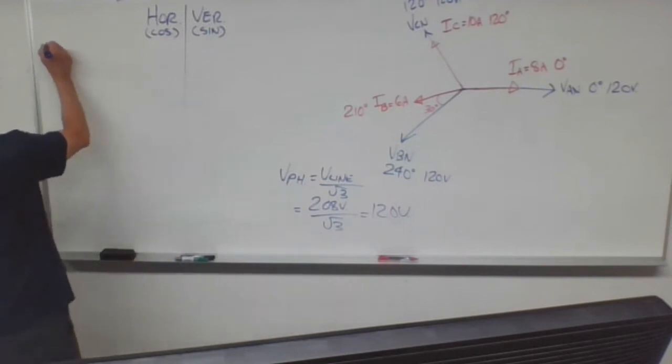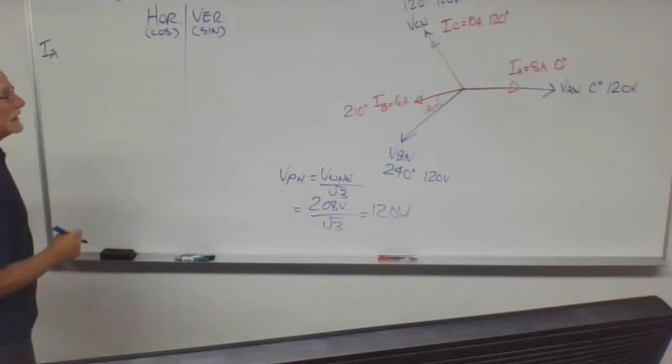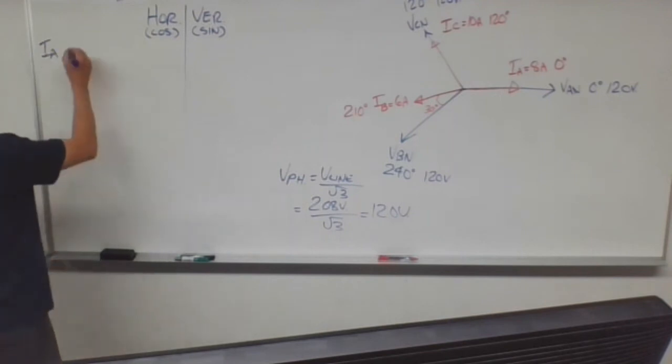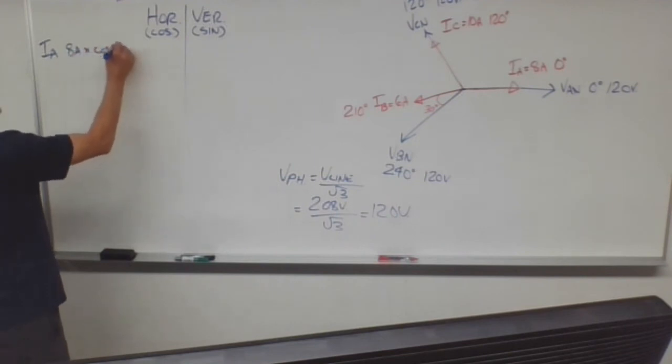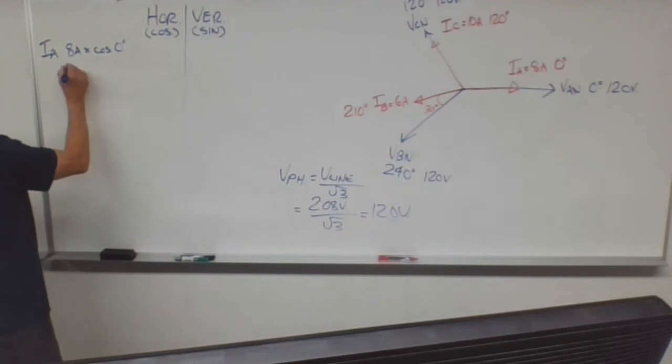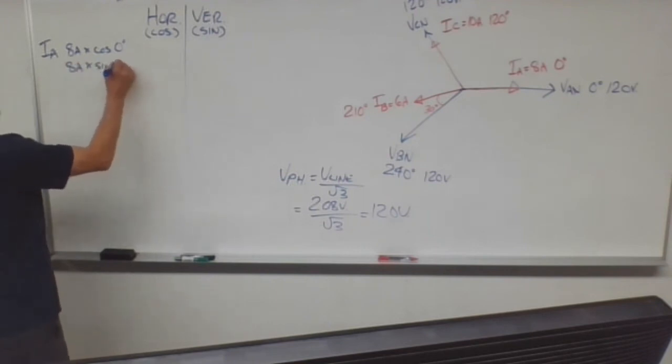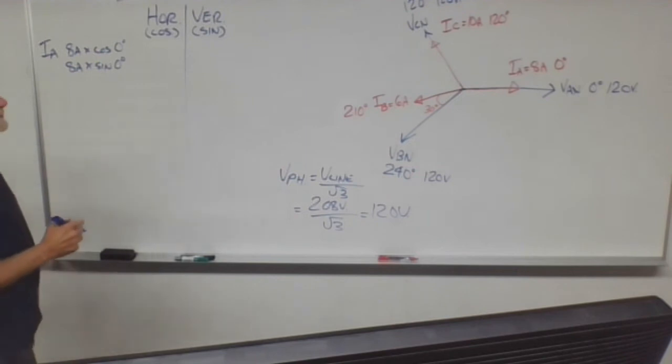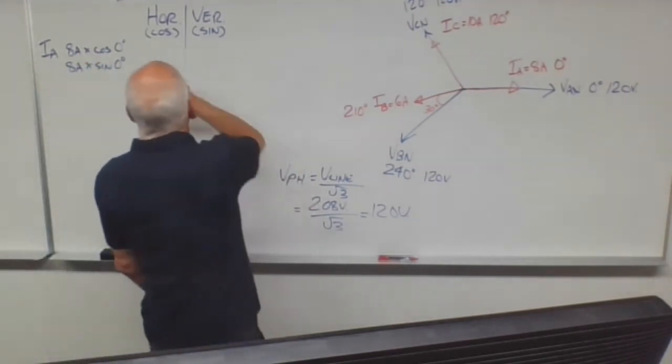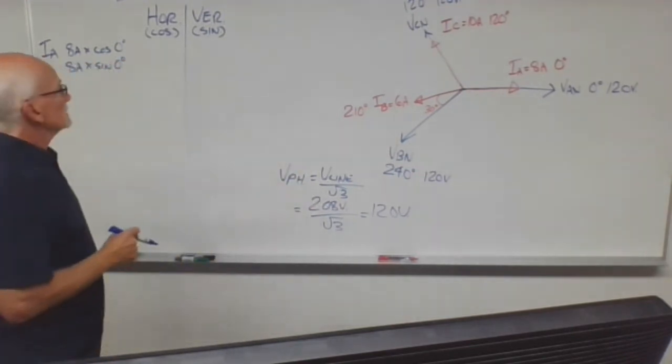If I start with phasor line current IA, it is 8 amps times cosine of 0 degrees, which will give me the horizontal part. 8 amps times sine of 0 degrees will give me the vertical part. You can just calculate that on your calculator.